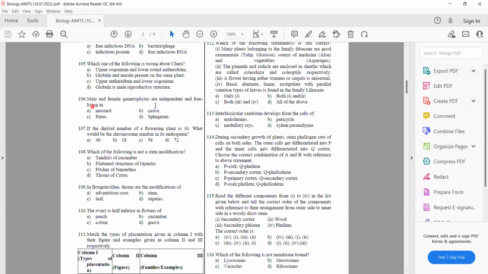106, male and female gametophytes are independent and free living in. The options are mustard, castor, pinus and sphagnum. Among these, you can pick sphagnum, right?